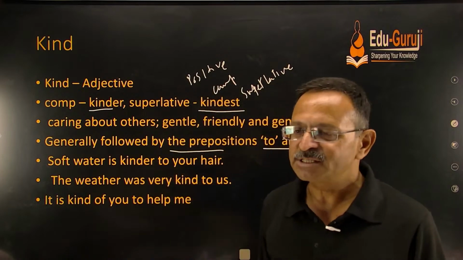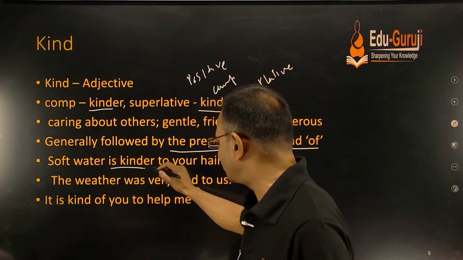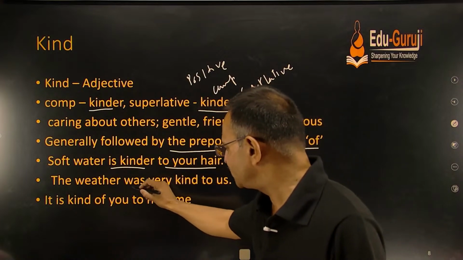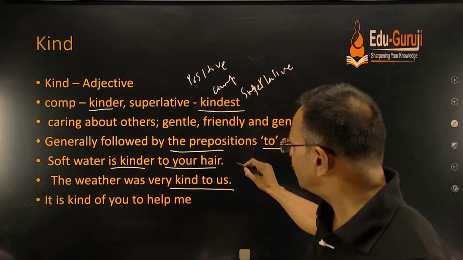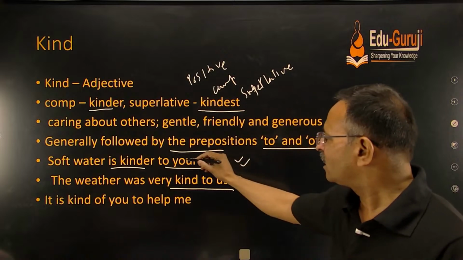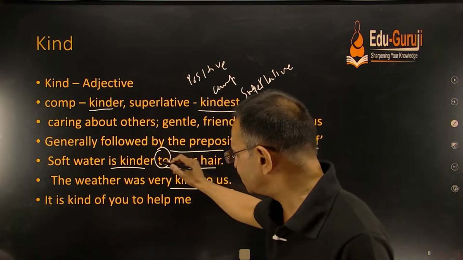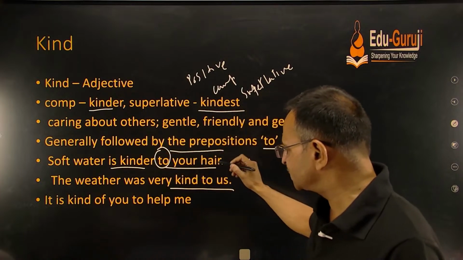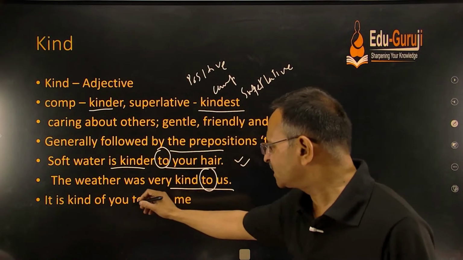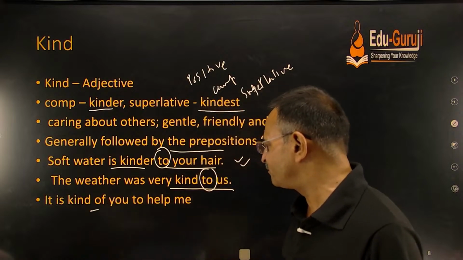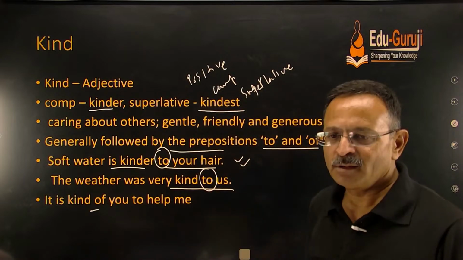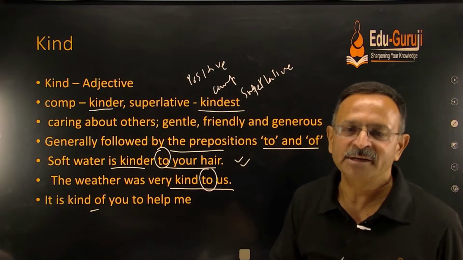Then the examples are like, soft water is kinder to your hair and the weather was very kind to us. So you can see we have used to here after the adjective kind. It is kind of you, so we can also use of to help you, right? So let's see ahead. I hope it is clear.